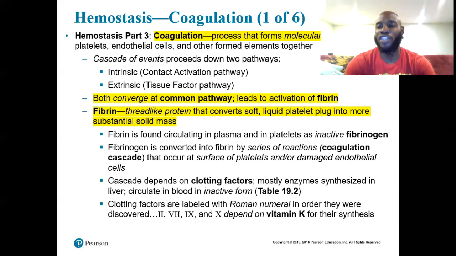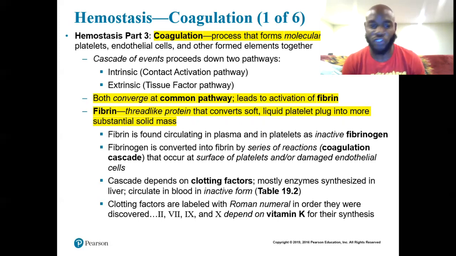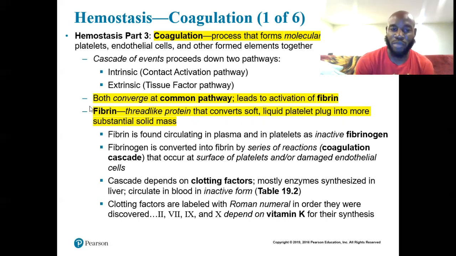Don't be confused by intrinsic and extrinsic. Intrinsic simply means factors from inside the blood vessel, extrinsic means factors from outside the blood vessel, but they both just lead to this. The key thing is fibrin. It's a thread-like protein that converts the soft liquid platelet plug into a more substantial solid mass.